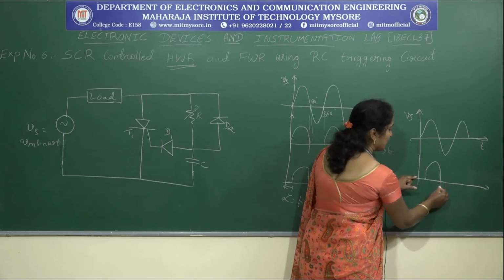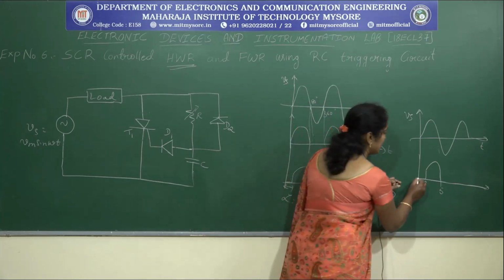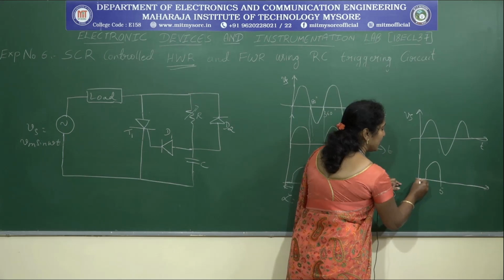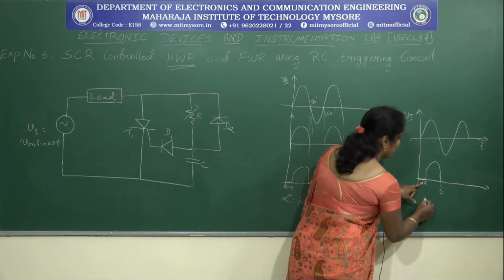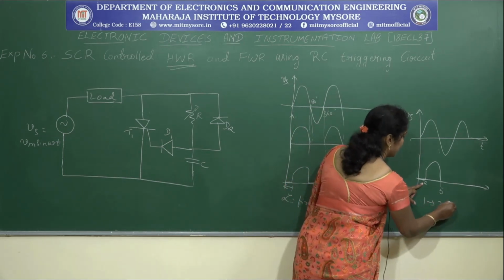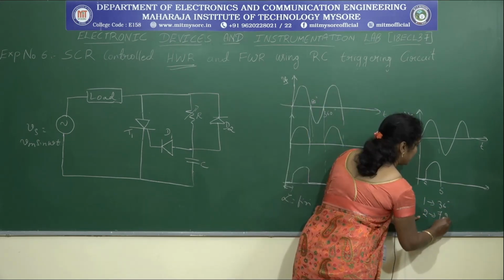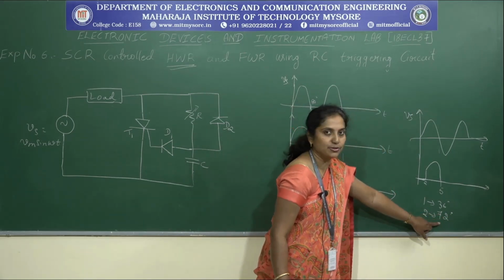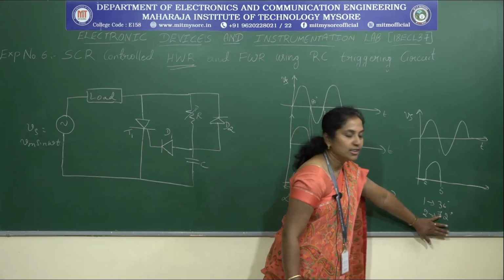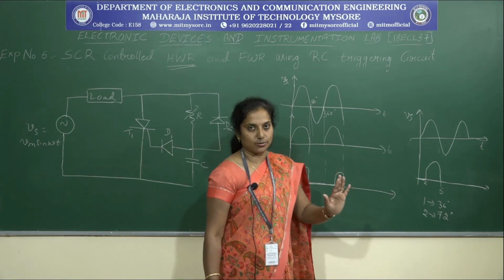The total divisions, suppose it is 5, and it starts at the second division. Then the firing angle is 2 divisions. So 2 divisions means, 1 division is how many degrees? 36 degrees. So 2 divisions means 72 degrees. So the firing angle will be 72 degrees. In that way you have to observe the reading in the CRO.